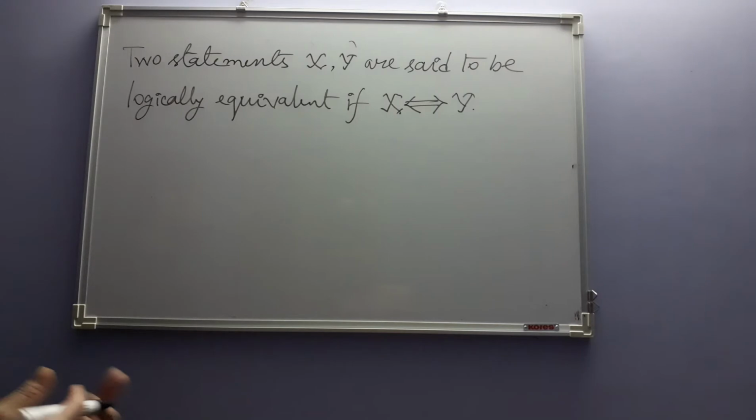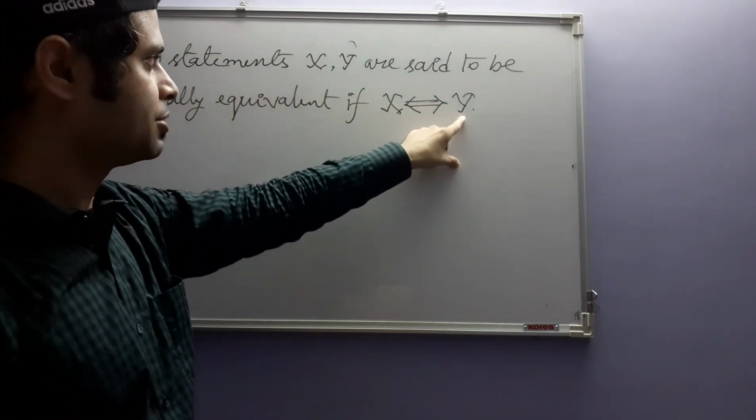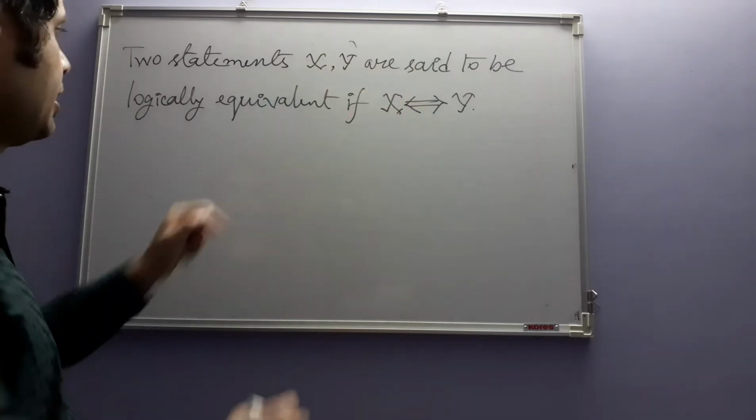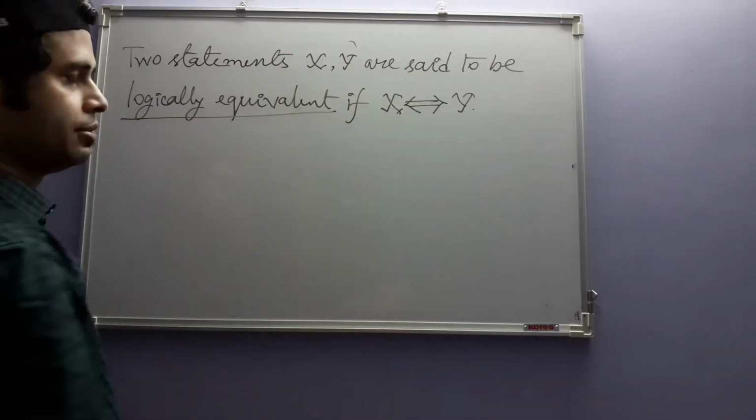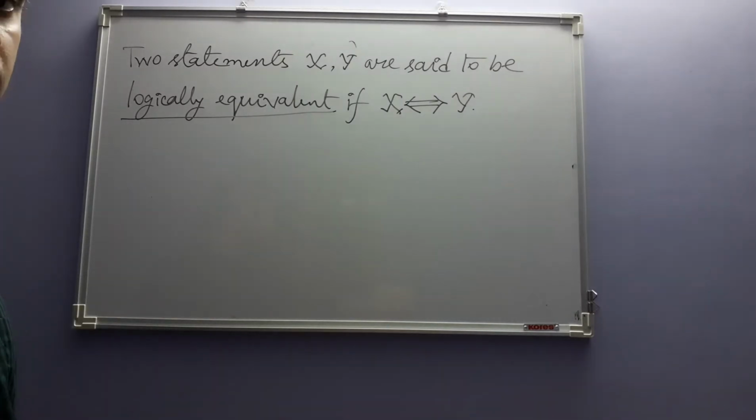So this is just a way of saying the same thing, that whenever this happens, we say that x and y are logically equivalent. Okay, these terms are used in mathematics.